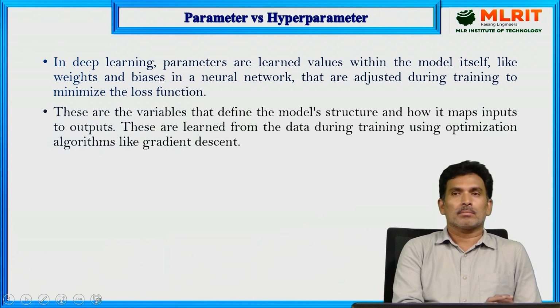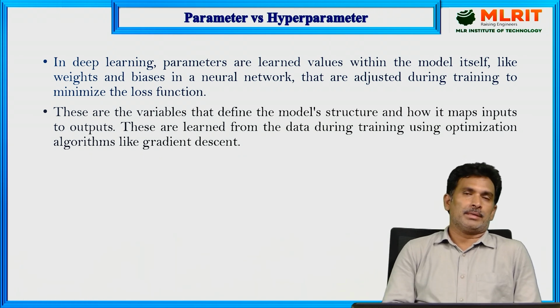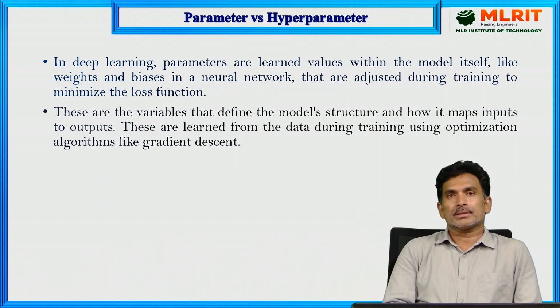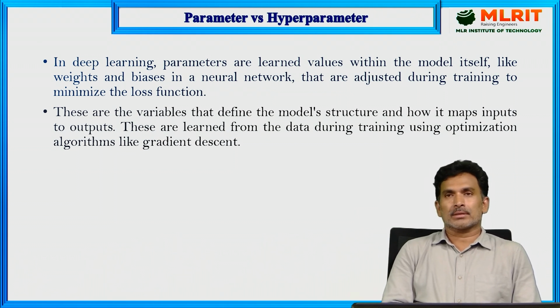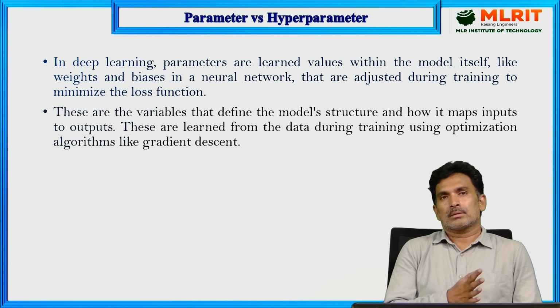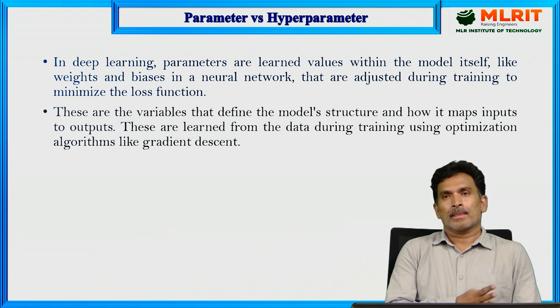Accordingly, the model will automatically adjust the weights and biases. These are the model parameters, and these parameters are the variables that define the model's structure and how it maps, because building the model means it has to identify the relationship between input and output.